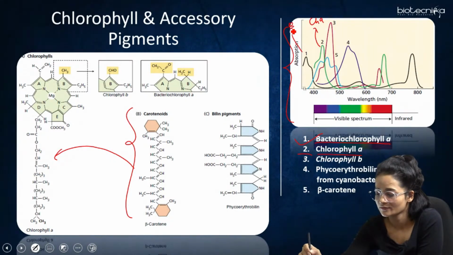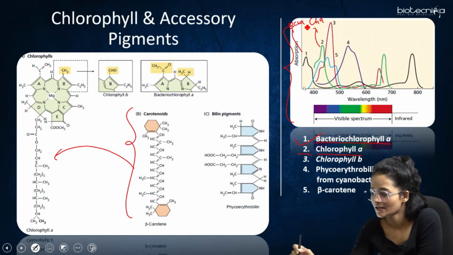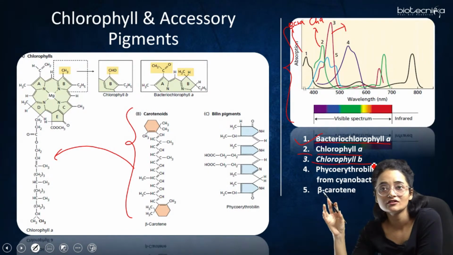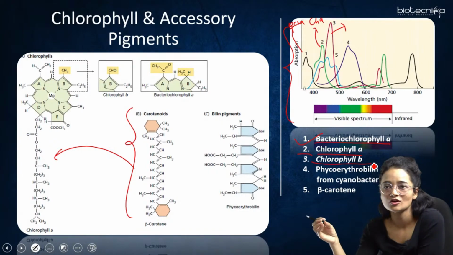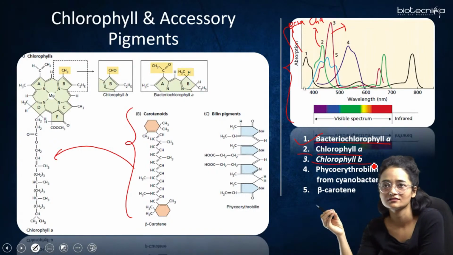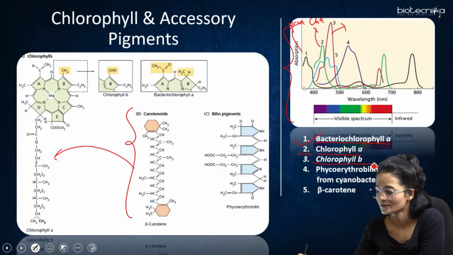I'll denote it by BChl A, right? The third curve, you can see, is the absorption curve for chlorophyll B. You can see that it is the highest. The highest absorption spectrum is for chlorophyll B, right?